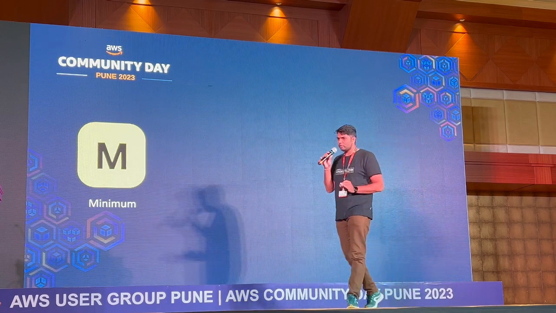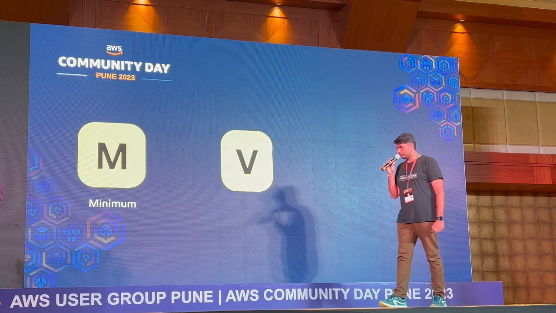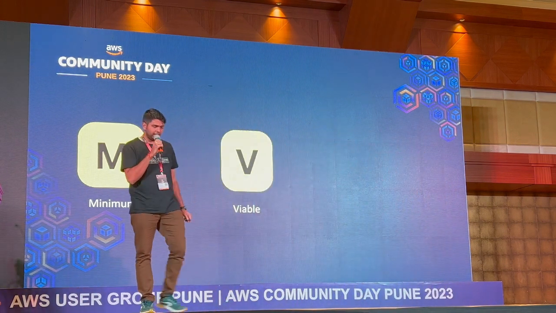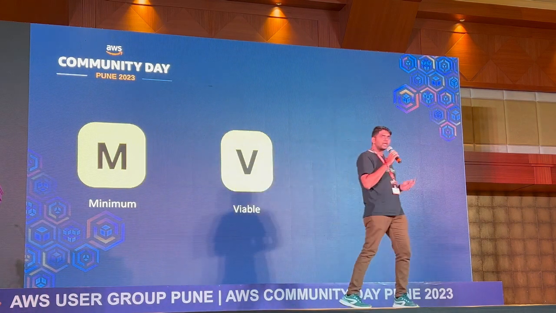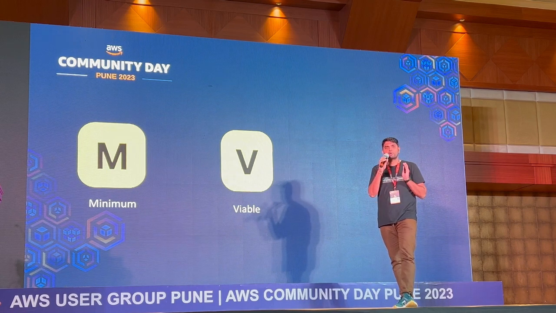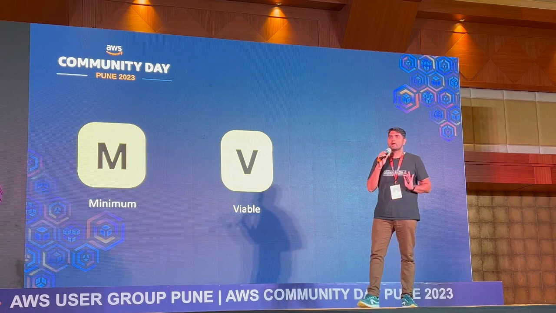On that same note, you have to use the minimum things, and then you have to build the V, the viable product. When I say viable product, it means using fewer resources, fewer team members and less code, you build a product that is viable. Viable means shippable, which you can launch into the market.